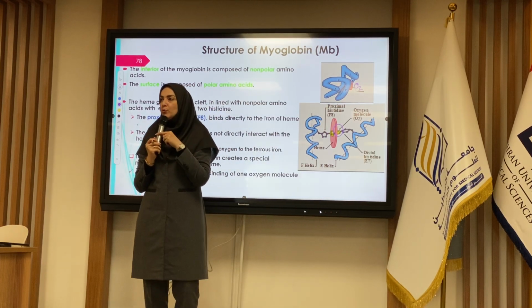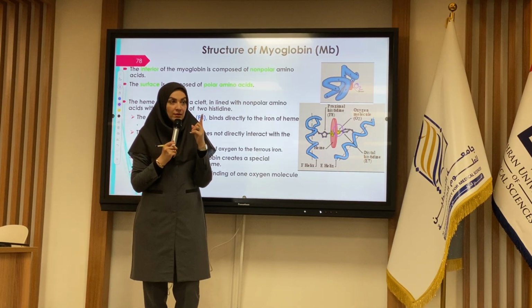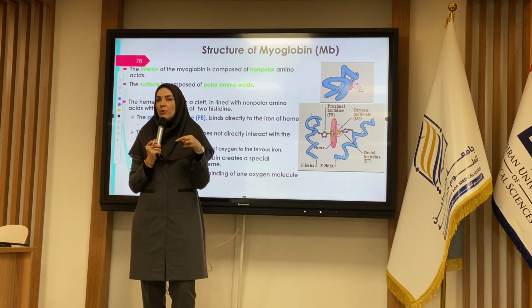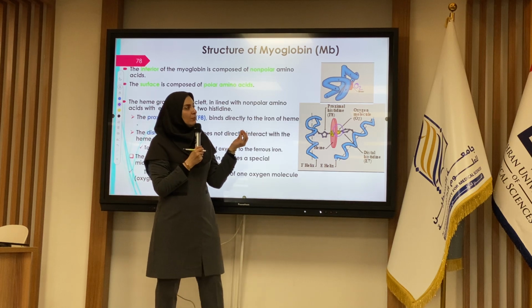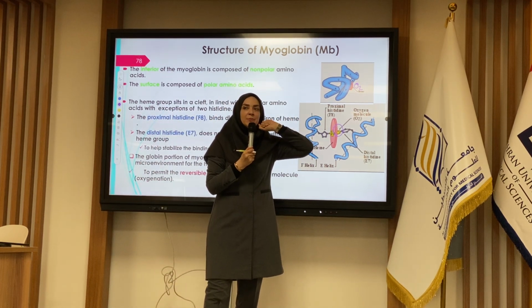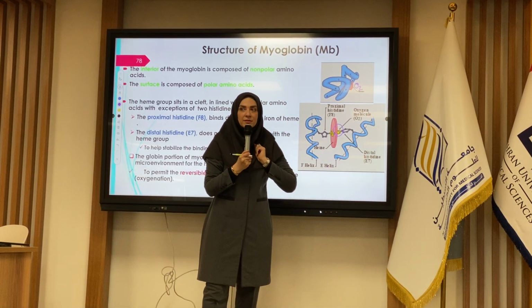Only 1. So I want to repeat my question. How many chains in myoglobin? 1. How many heme? 1. How many oxygen can bind? 1.